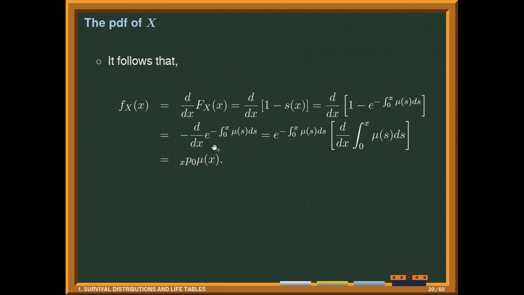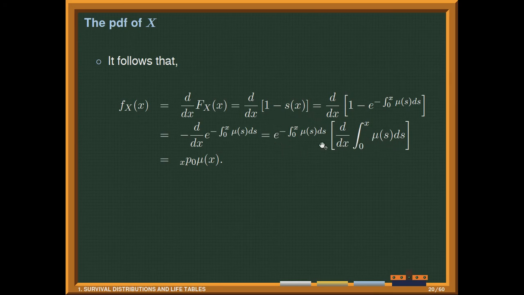That would be the negative of the derivative of e raised to this expression. So this is nothing but the derivative of e to the u, right? And so that would be e to the u times the derivative of u, okay? But then using the fundamental theorem of calculus, this would just reduce to mu of x, right? This is just mu of x.